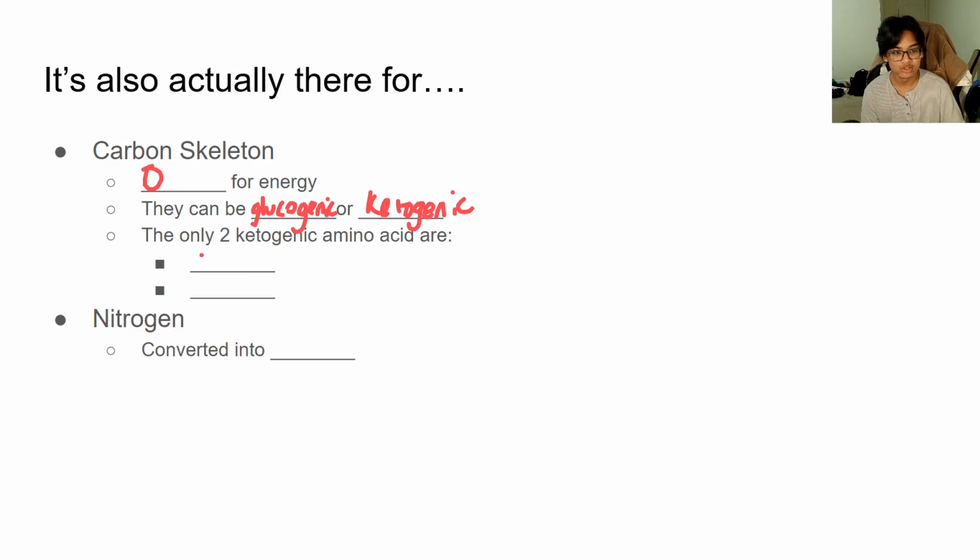The two ketogenic amino acids are lysine and leucine. That's kind of fun that they're both L's. And the other thing about nitrogen, what is that converted to? You remember? I don't, I had to look at my notes. It's converted into urea. Yay.